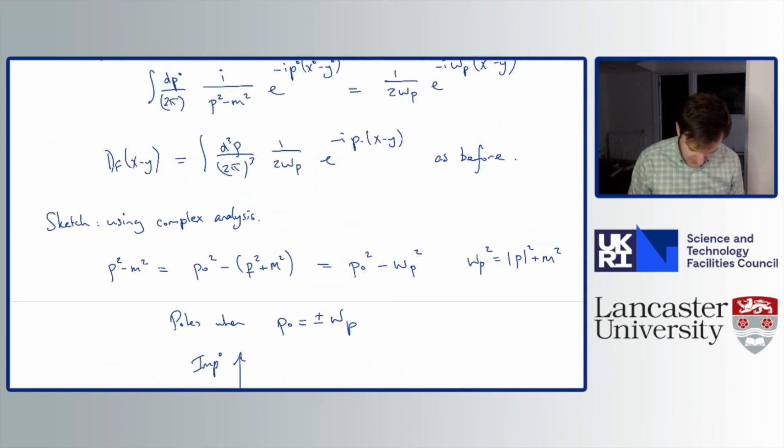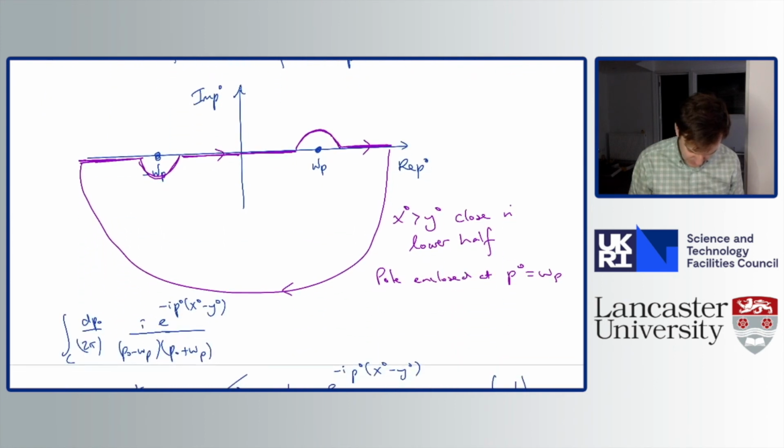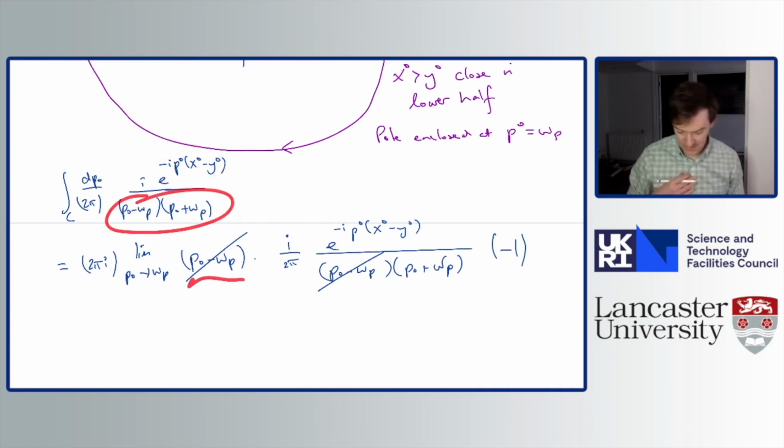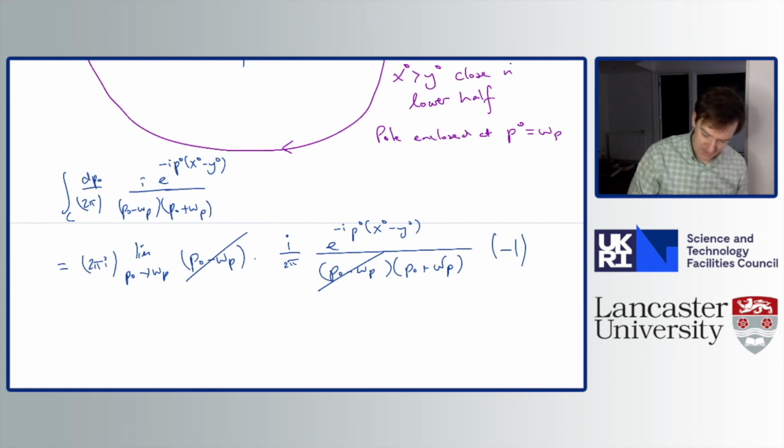And what else did we have? Oh, we also had this factor of i, okay, good. So it's i over 2 pi, this factor, times my exponential, times these factors, and then I have this bit plus the -1 that comes from the direction of my contour. Anyway, this will all simplify nicely.